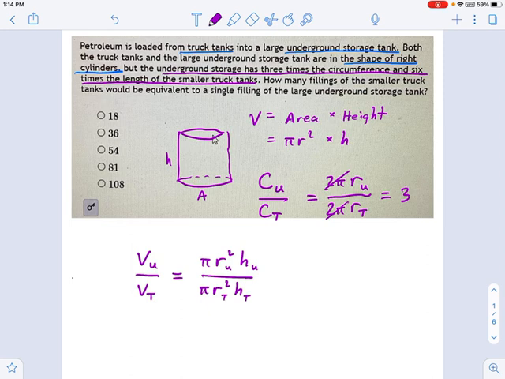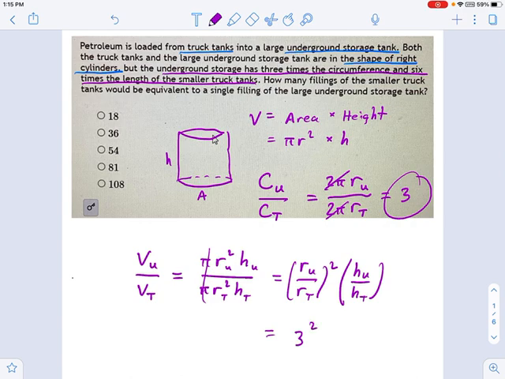Well, the pi's cancel out again. That's nice. And this ru divided by rt, I can rearrange this equation as follows: ru divided by rt, and that thing is squared, multiplied by hu divided by ht. Well, we've already shown that ru divided by rt is 3, so that's going to be 3 squared.